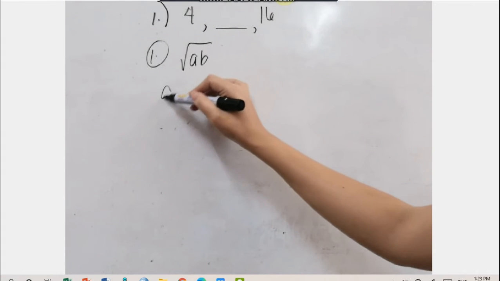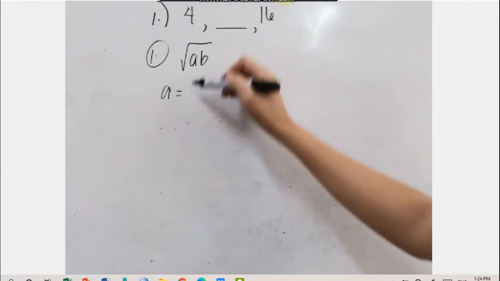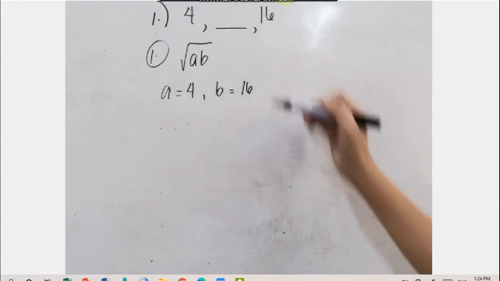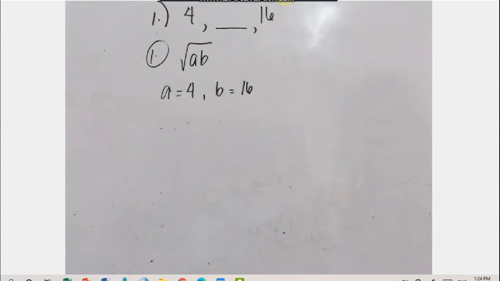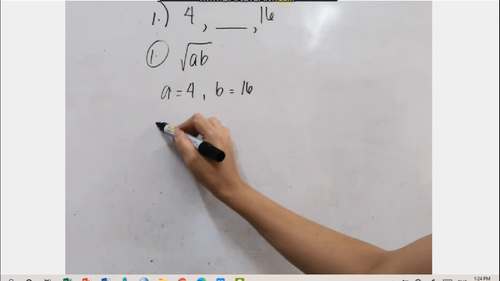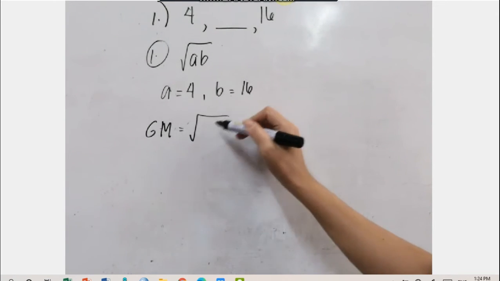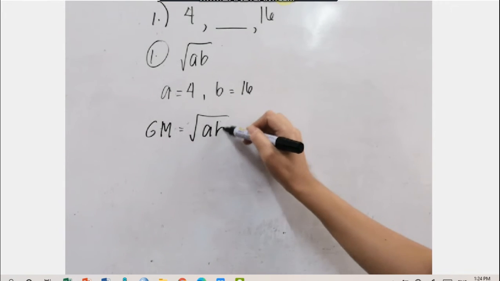So let a be equal to 4, b equal to 16. Then let us substitute. So geometric mean is equal to the square root of a times b.